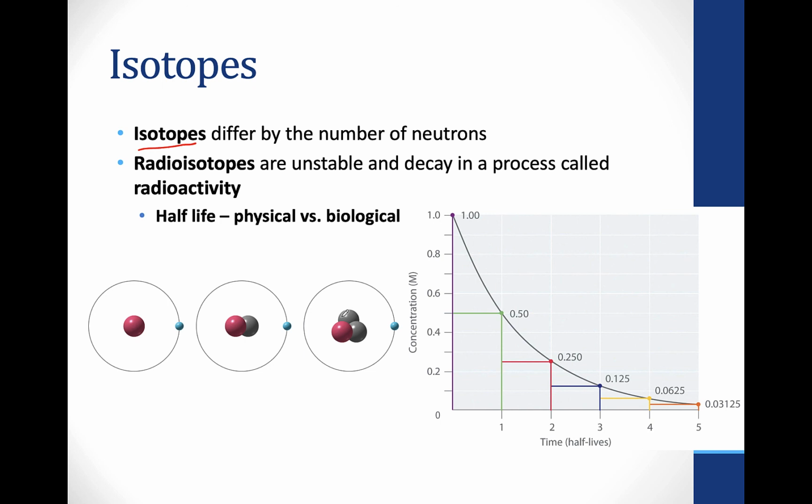So this is hydrogen. Hydrogen has 1 proton right here, 1 proton. In this hydrogen, this is normal hydrogen, there's no neutrons. This hydrogen has 1 neutron, 0, 1, and then this one actually has 2 neutrons.